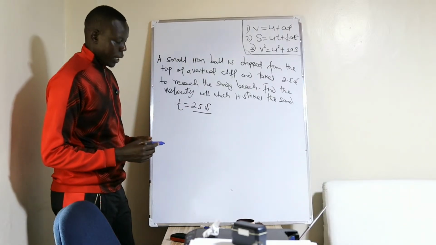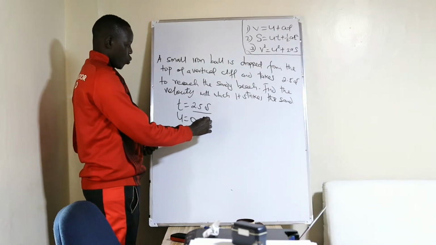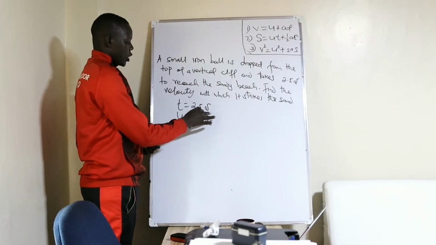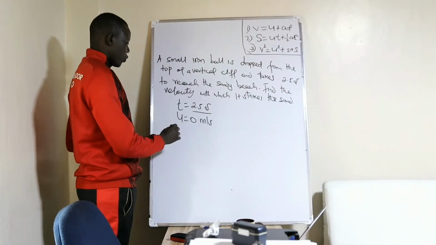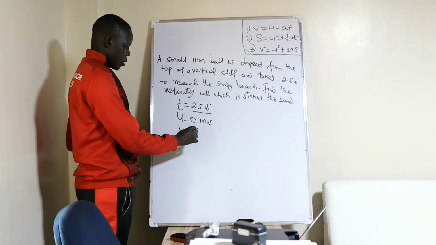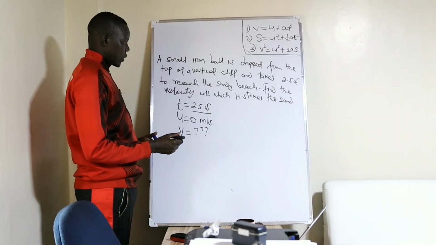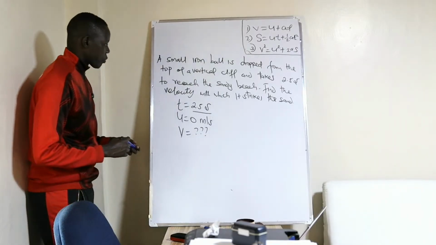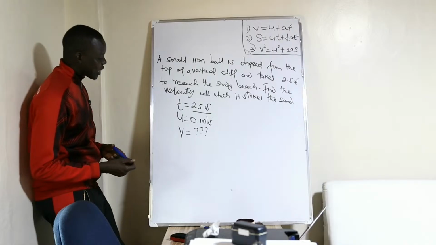Yes, that is our time. We have U, which is 0 meters per second. Find the velocity with which it strikes the sand. We are looking for V.